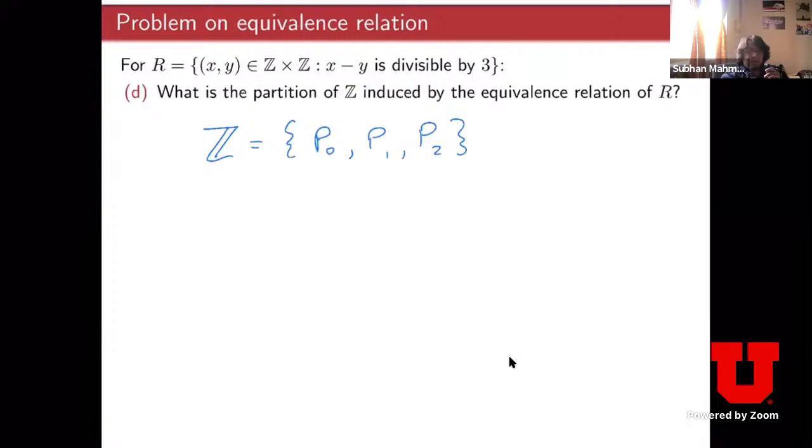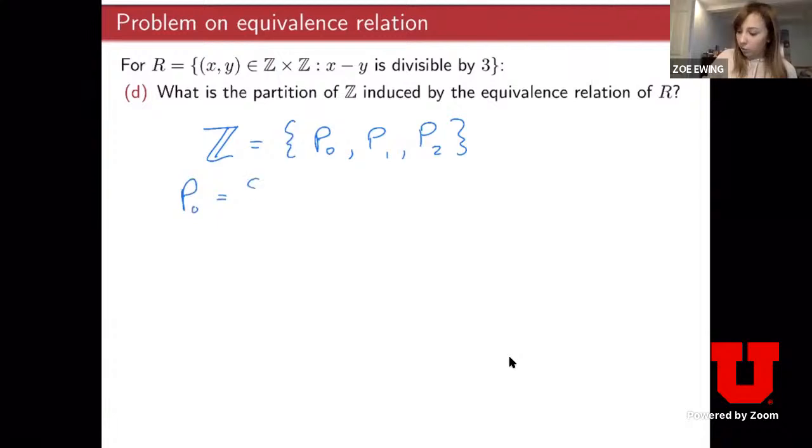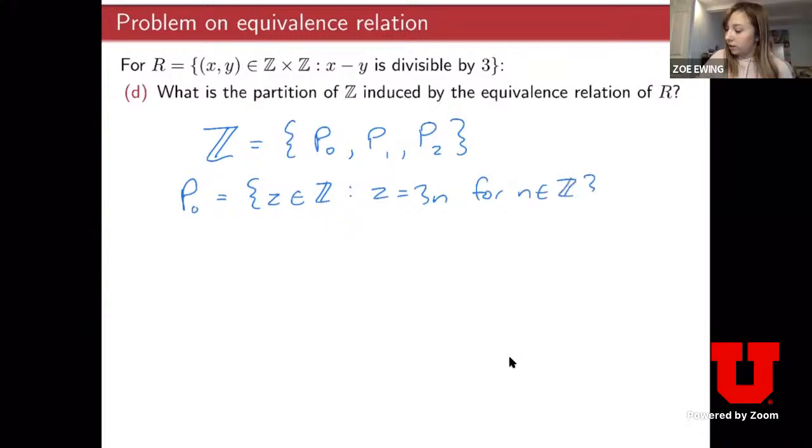Would it be x minus y divisible by 0, 1, and 2? Exactly. So P0 is going to be the z's in the set of integers such that z equals 3n, where n is in the set of integers.